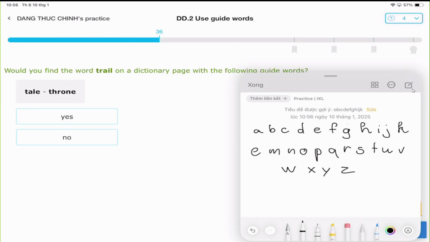So let's see if R is between A and H. So here's A. I'll use another pen.